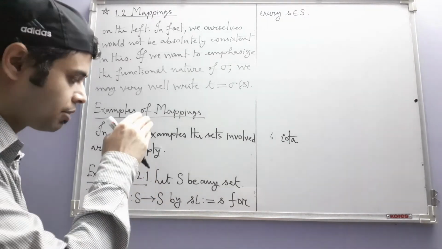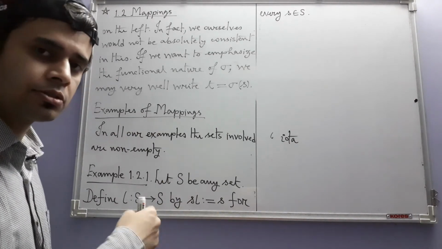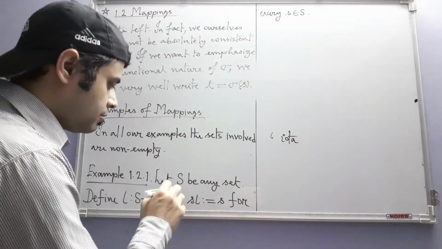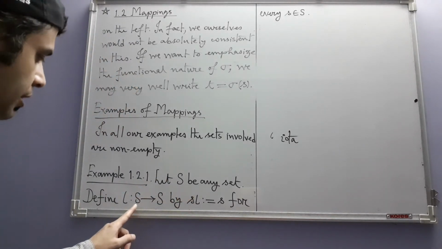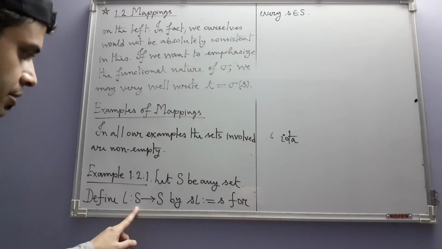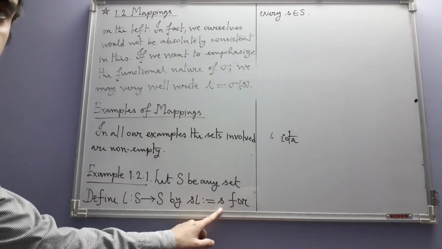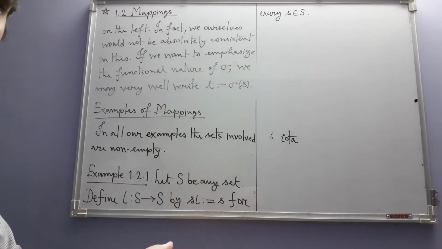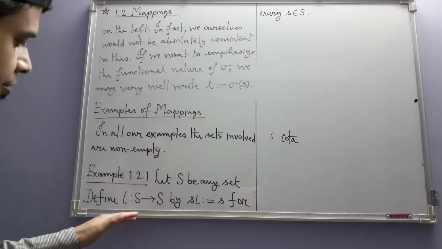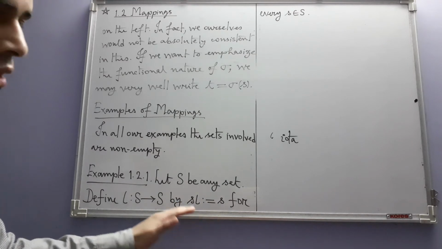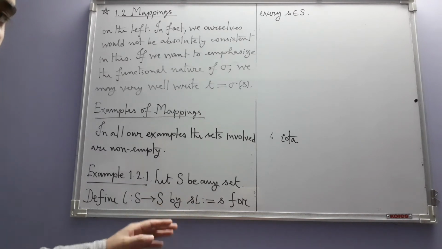Whatever the input is, the output is also the same thing. So note that according to this definition, every element of S is being mapped onto a unique element of S. So that condition must always be verified whenever a mapping is given to us. Otherwise, it's not well defined, or in other words, it's not even a mapping.